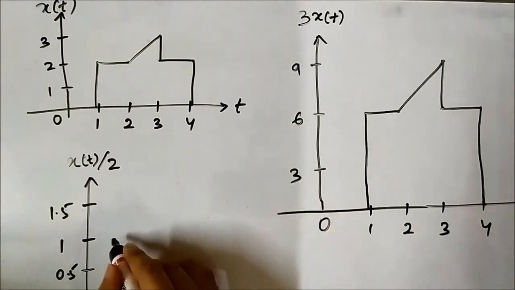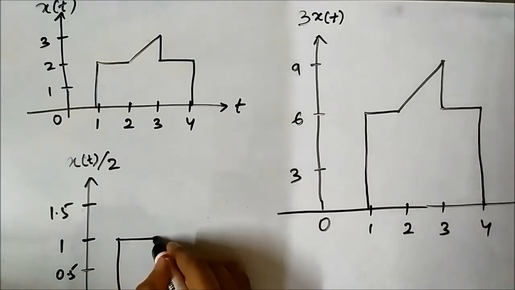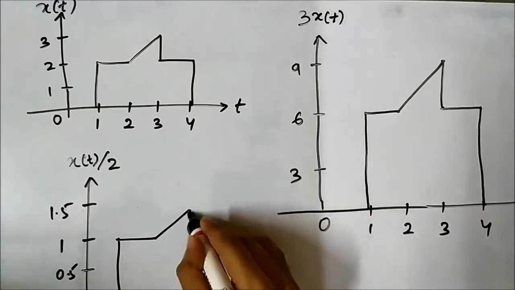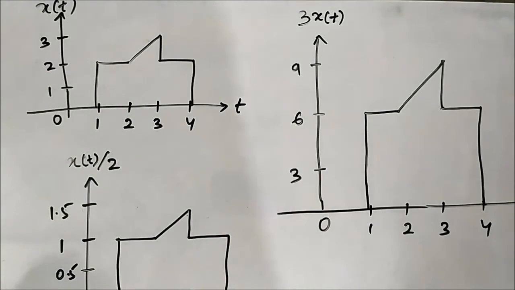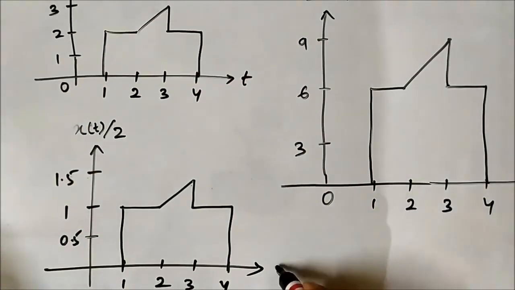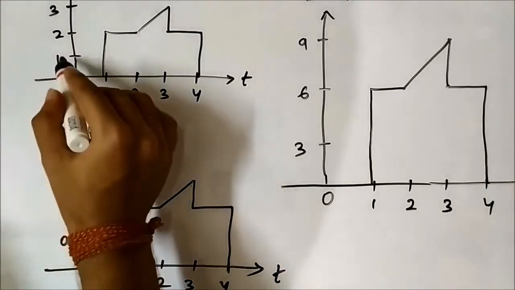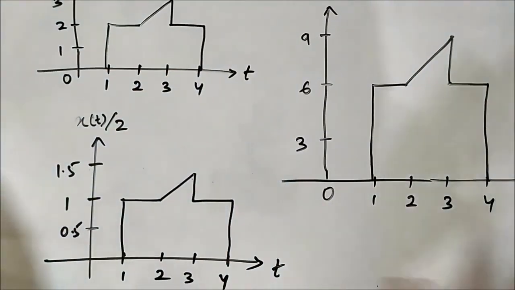So here it will be like this, then from 1.5 drop down. The pattern is the same, only the amplitudes are scaled down by a factor 1/2. 1 became 0.5, 2 became 1, 3 became 1.5. The pattern is the same.